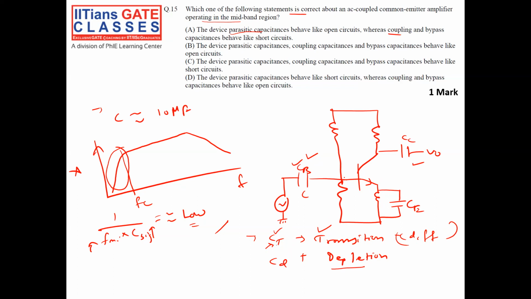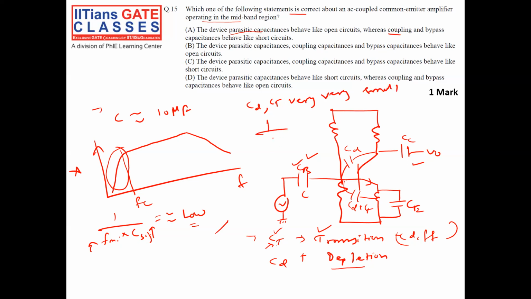Similarly, between base and collector also I have CD, generally CD plus CT. Okay, so these capacitors are built into the device from the device operation, right? And these CD, CT are very, very small.